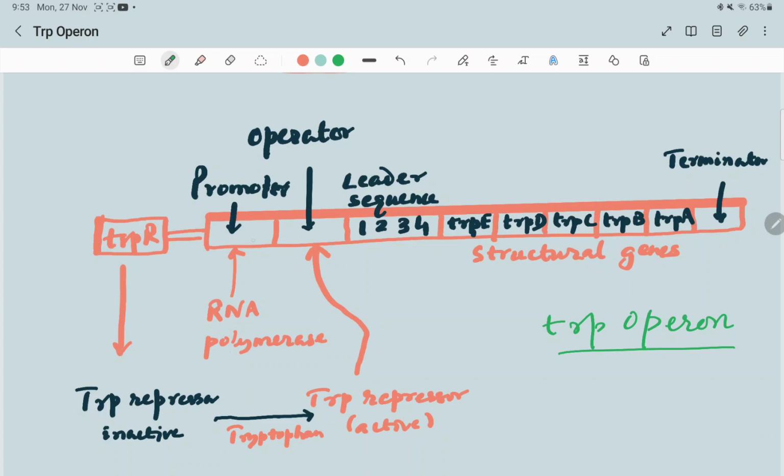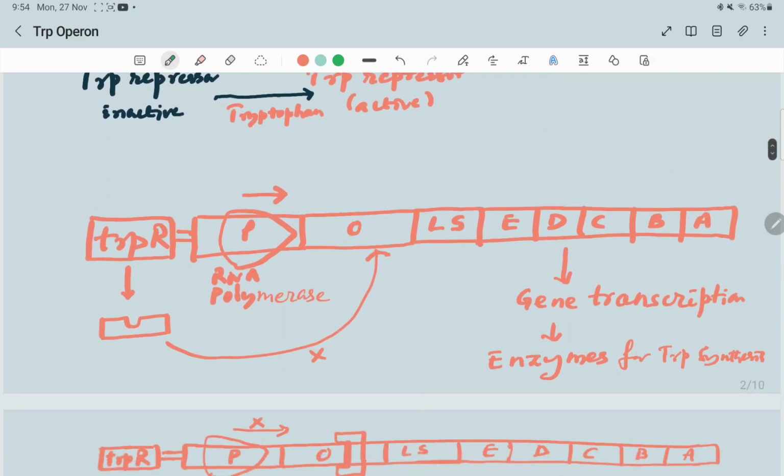So once RNA polymerase binds to the promoter, it can move and cause the transcription of the genes, and then produces the enzymes for tryptophan synthesis. So RNA polymerase binds to the promoter region and it moves. When it moves, it causes the transcription of all these genes or DNA, and accordingly produces the enzymes for tryptophan synthesis.